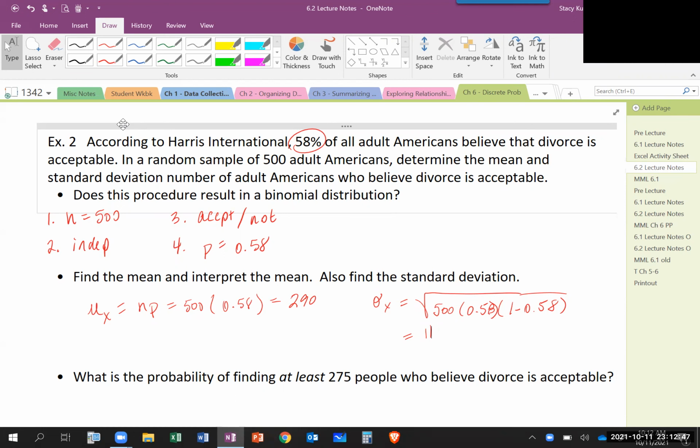Almost. Does anybody want to add anything to that? Sample of 500. In 500 people, you would expect about 290 of them to find divorce acceptable. So you've added to what Danielle said, but there's still one important part that's missing out of all of this. Does anybody want to keep trying? We're missing one thing.